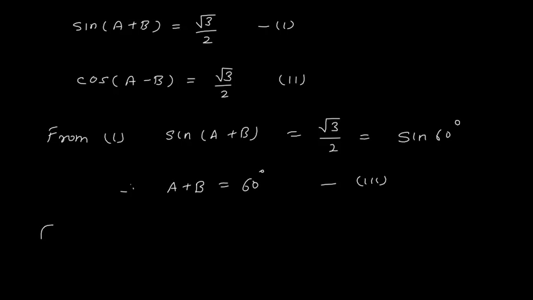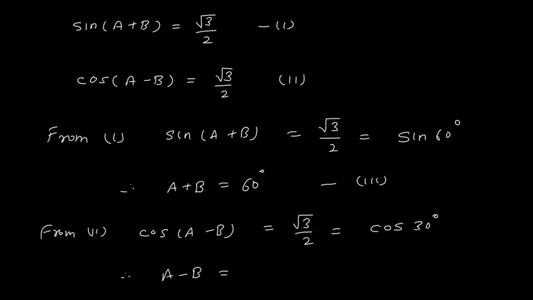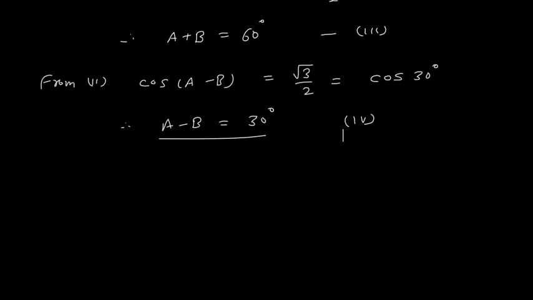And from 2, similarly, we have cos of a minus b is root 3 by 2, which is equal to cos 30 degrees. So therefore a minus b is equal to 30 degrees. This we can say is equation 4. So we have equation 3 and equation 4. So therefore a plus b is equal to 60 degrees.